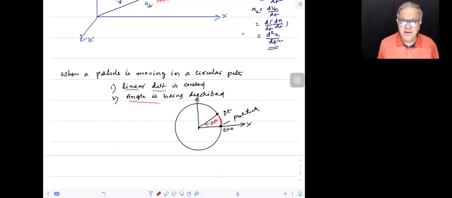So when you're talking of a circular motion, that can be understood in terms of both linear quantities and angular quantities.